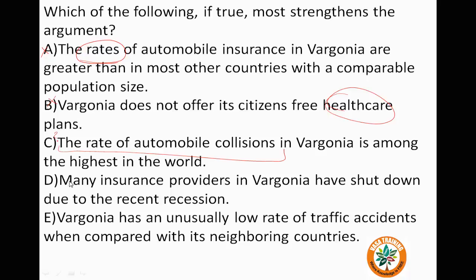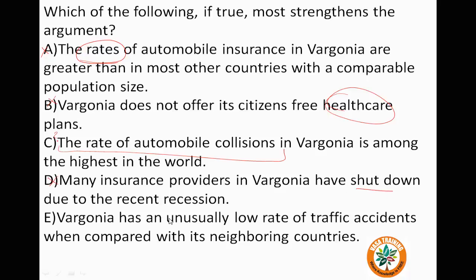D says many insurance providers in Wagonia have shut down due to the recent recession. This one is a little irrelevant to what we want to prove. We want to prove that the existing automobile insurance providers spend more money than insurance providers in other countries. So we aren't talking about those who have shut down.